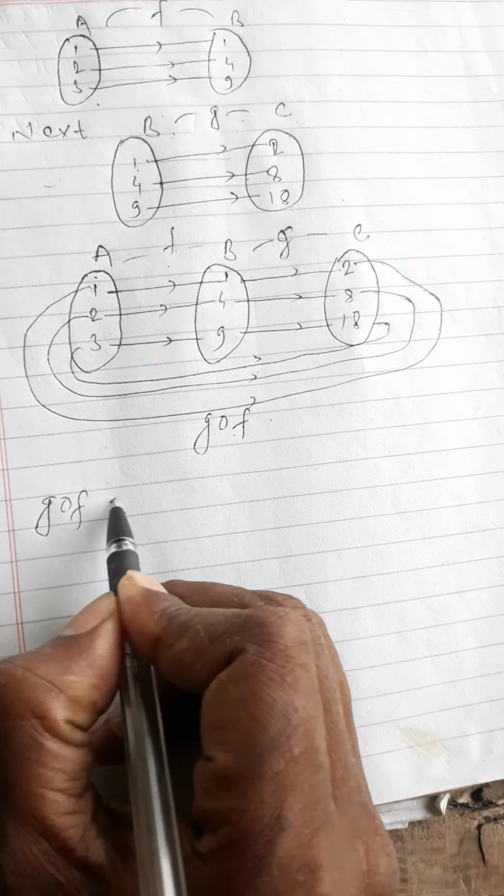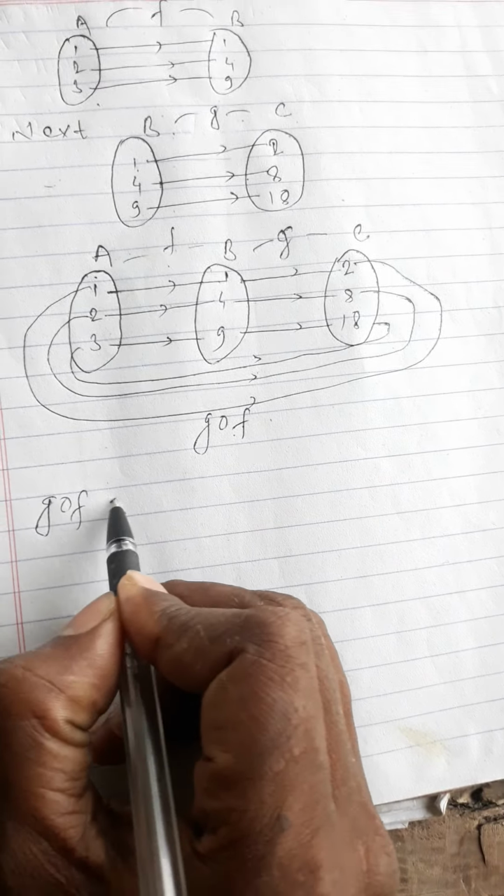Similarly, 2 is mapped to 4 and 4 is mapped to 8, that's why 2 is mapped to 8. And 3 is mapped to 18. That's why this is the composite function defined from A to C.